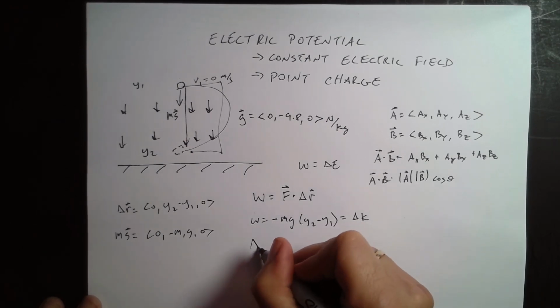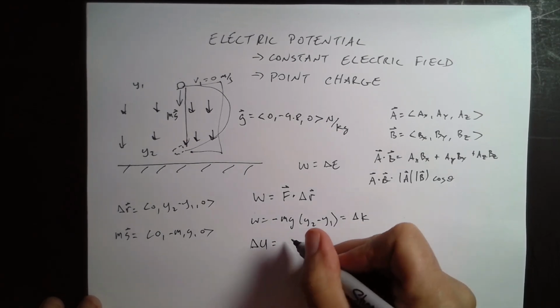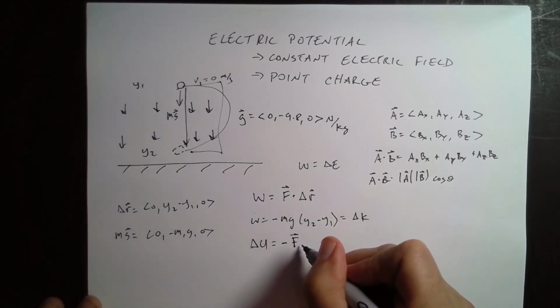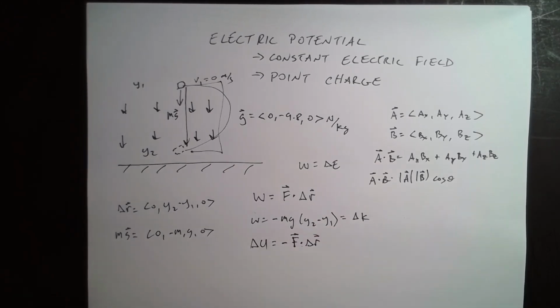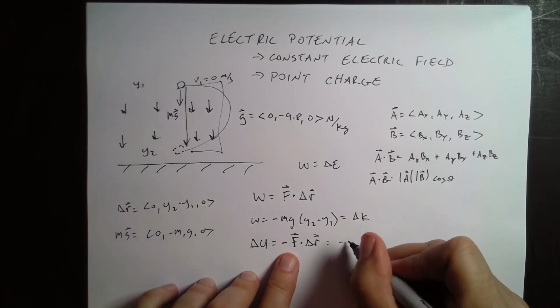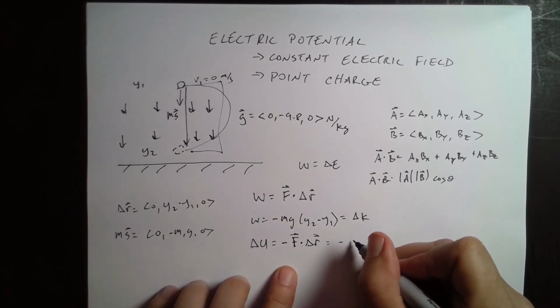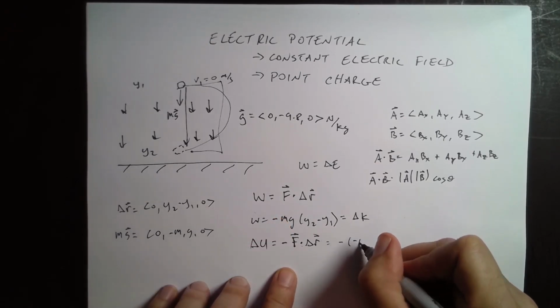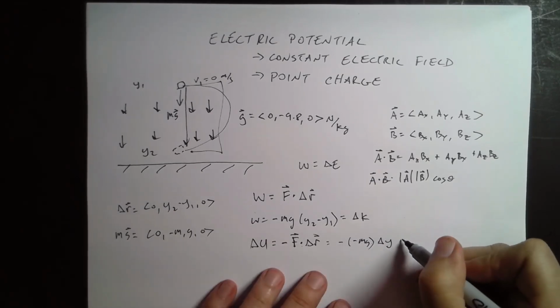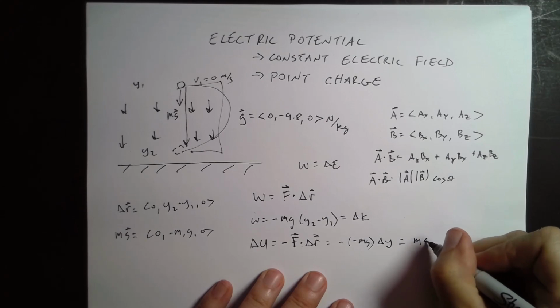So we say the change in gravitational potential energy is negative the work done by F dot delta R for any force that's conservative, that doesn't depend on the path. So in this case, that would be negative mg delta y. So the change in gravitational potential energy is mg delta y.